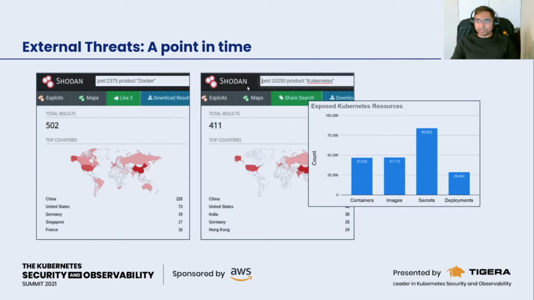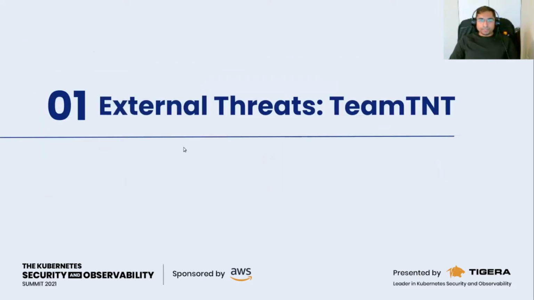And one of the popular cloud vendors did a study a couple of months back where they were able to reach 50,000 containers from the internet. And we agree with this number, as each host or each Docker API will be running multiple containers, and the number can really add up. So let's jump into our threat actors.